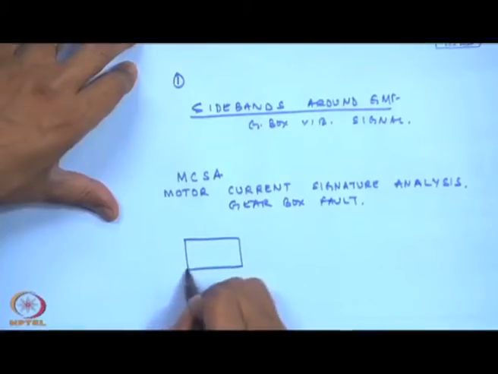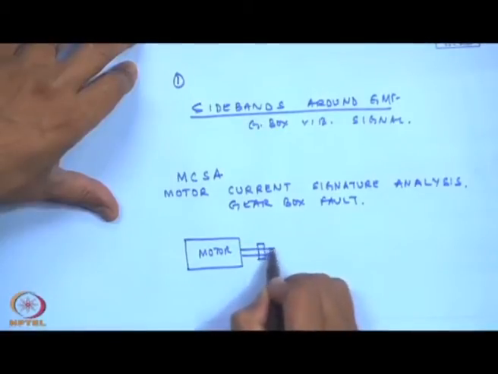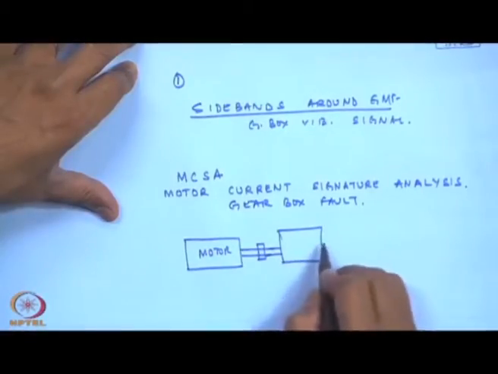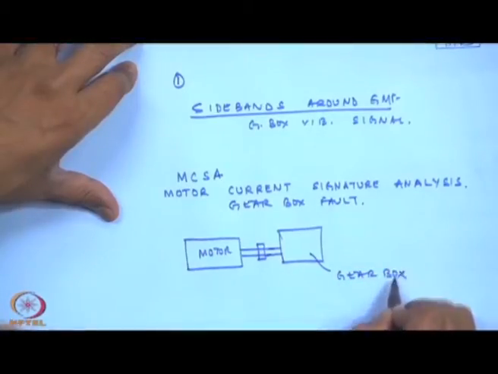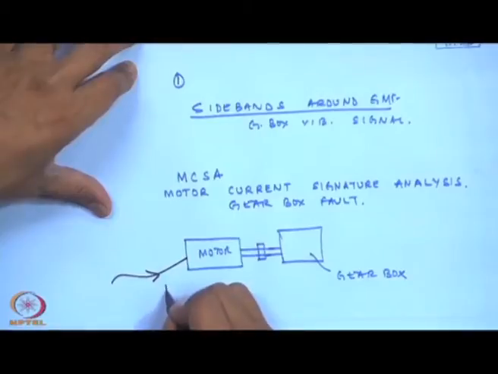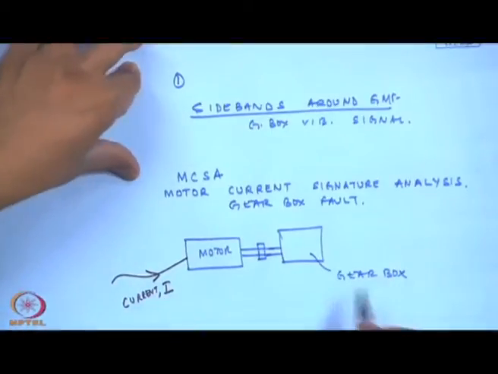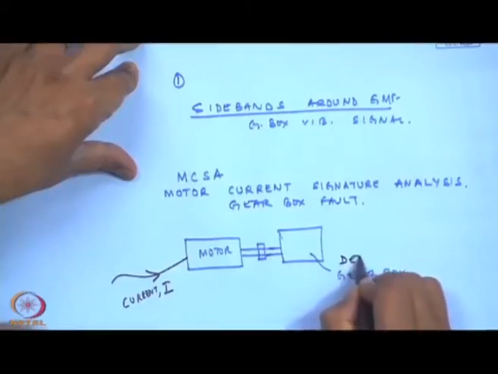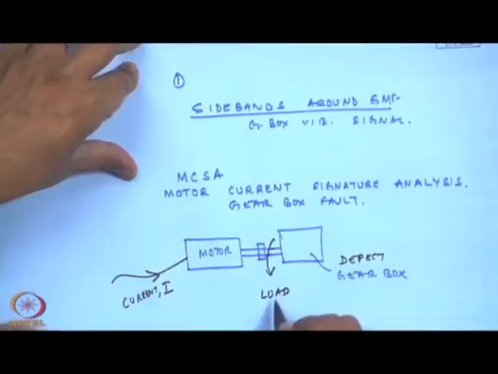Suppose I have an electrical motor through a coupling. It is driving a gearbox, and this motor draws current. If there is a defect in the gearbox, this gives rise to some sort of additional load torque on the motor.